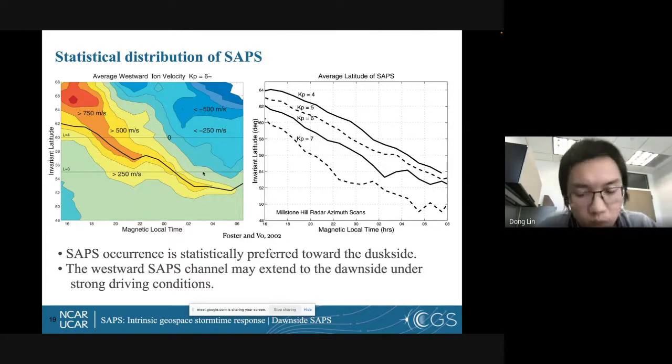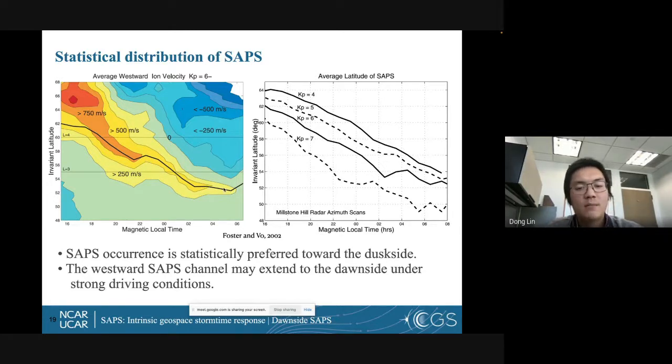As we know, statistically, the SAPS are preferred toward the dusk side. Like here, the largest average ion drift velocity is near 16 or 18 MLT, and as it moves toward midnight or even the dawn side, it gets weaker and weaker.